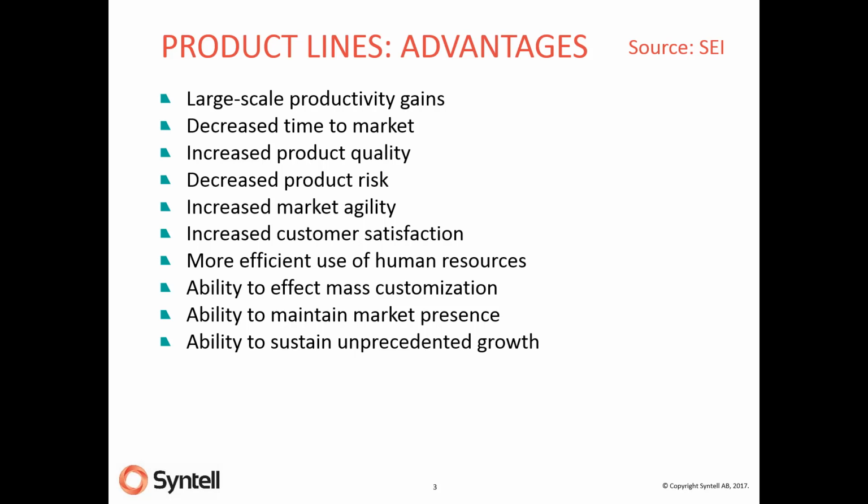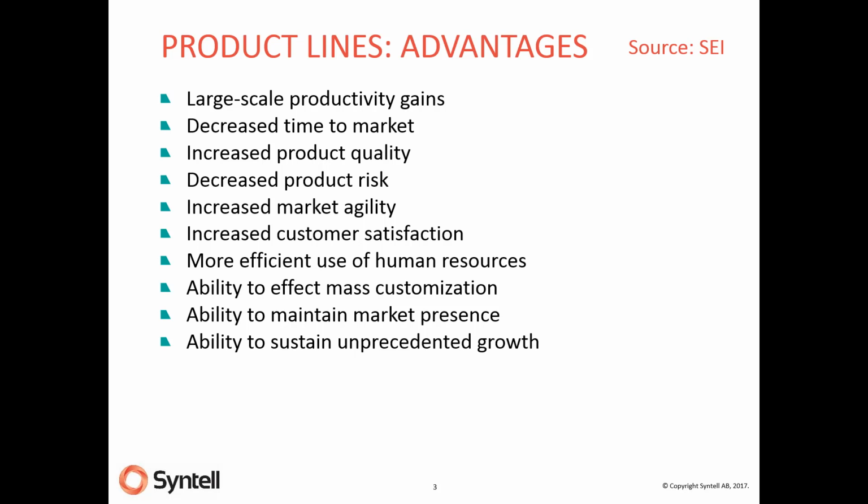Reuse starts at the requirements level, which means that it will be possible to keep the system family together and avoid unnecessary deviations. Not surprisingly, the time to market will decrease. Reusing existing components should of course be faster than creating new ones. Product quality will typically also benefit, since new systems will be built based on proven components that have already been used in previous systems.